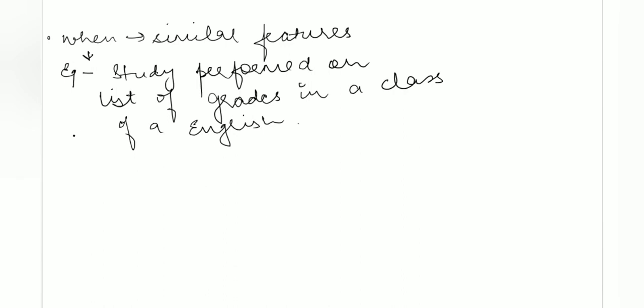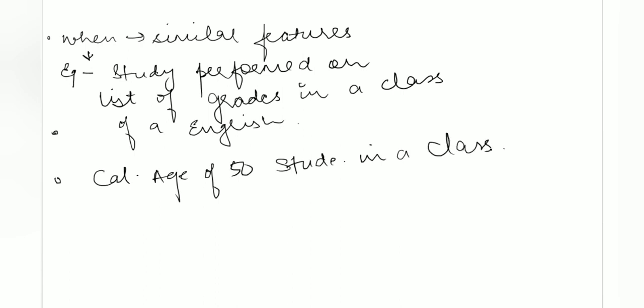So this is a kind of cross-sectional, or I'll say calculate the age of 50 students in a class, cross-sectional. You understand here the similar features I referred to with these examples.